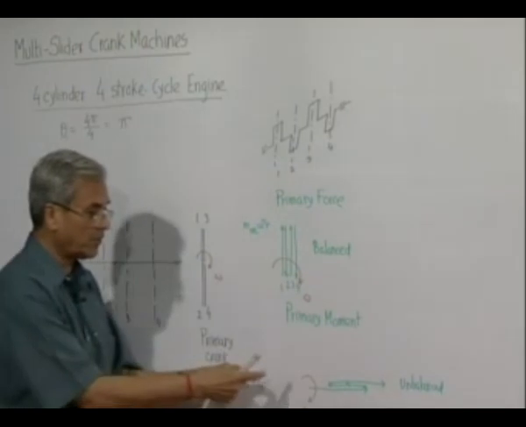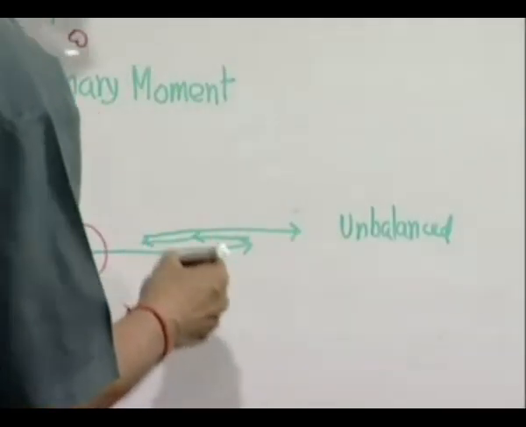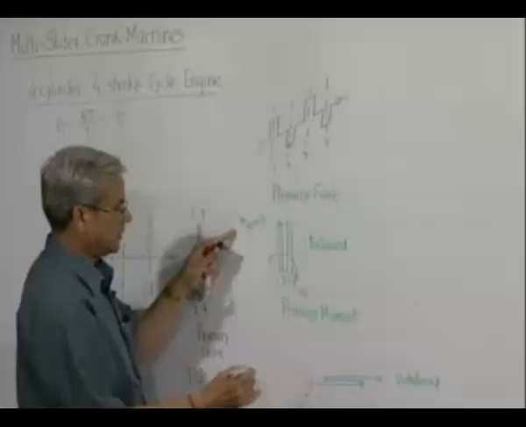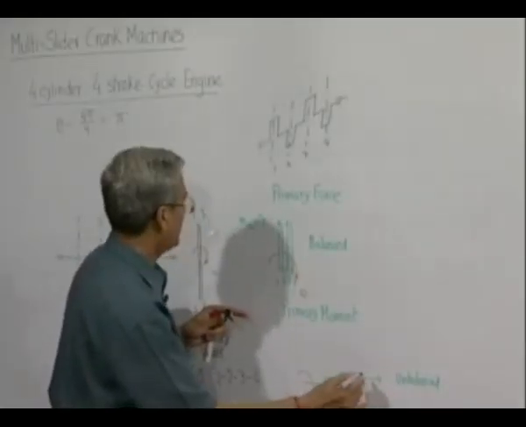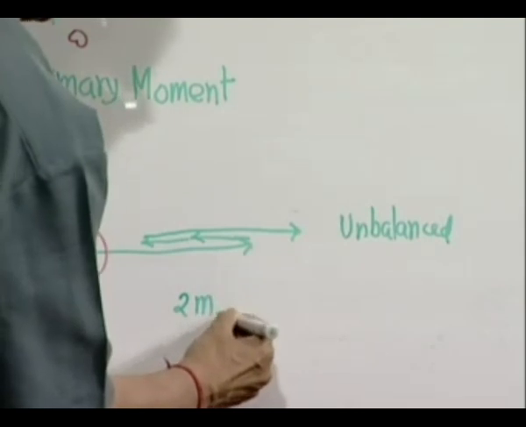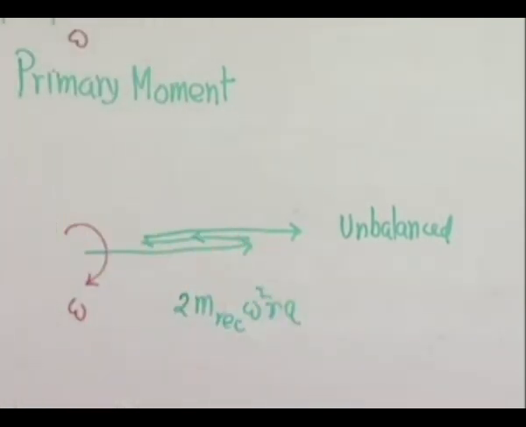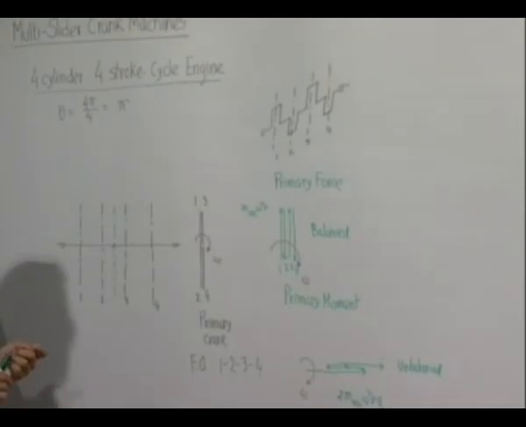At this instant of course, we are getting the full one and the magnitude is simply this plus 0.5. So, 2 m reciprocating omega square r a, that is the magnitude of the unbalanced primary moment, the maximum value. What about the secondary?